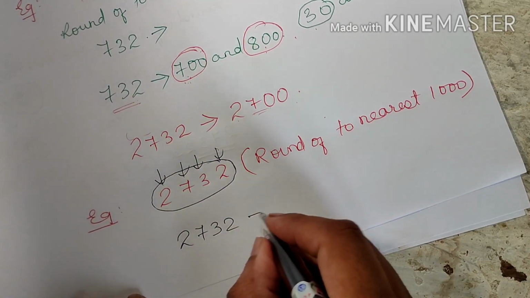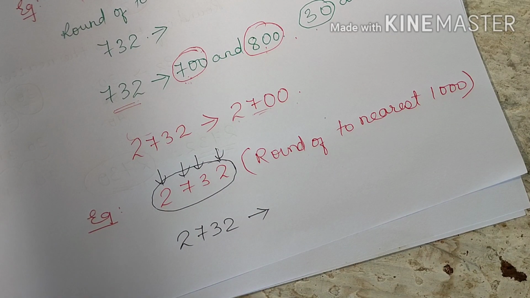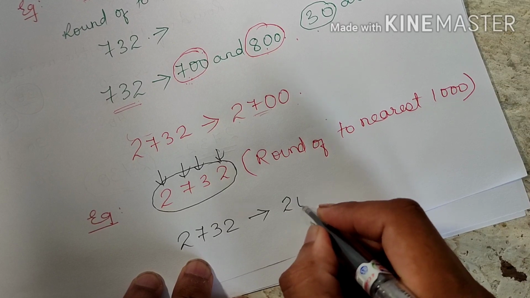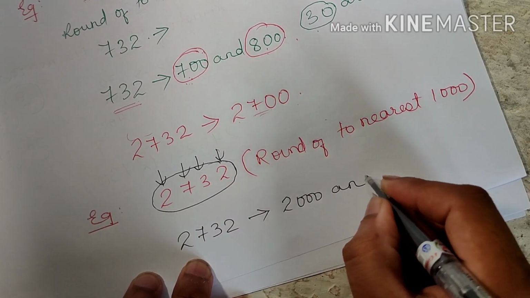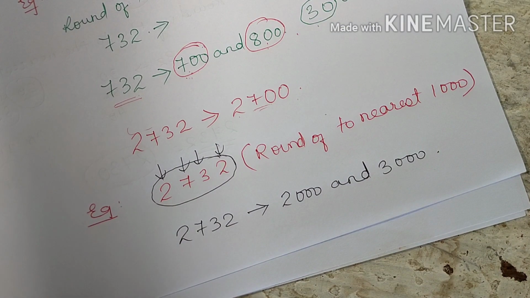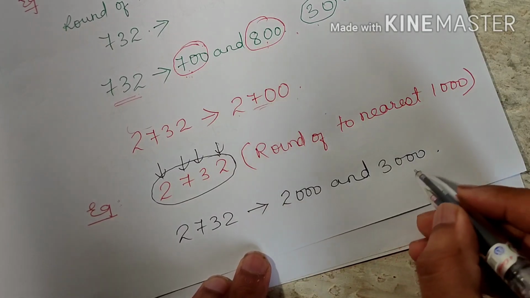Now tell me, in thousands, which will be the nearest to 2732? If you count in your mind, this number lies between 2000 and 3000, isn't it? So 2732, for the thousands place, is nearer to 3000, isn't it?